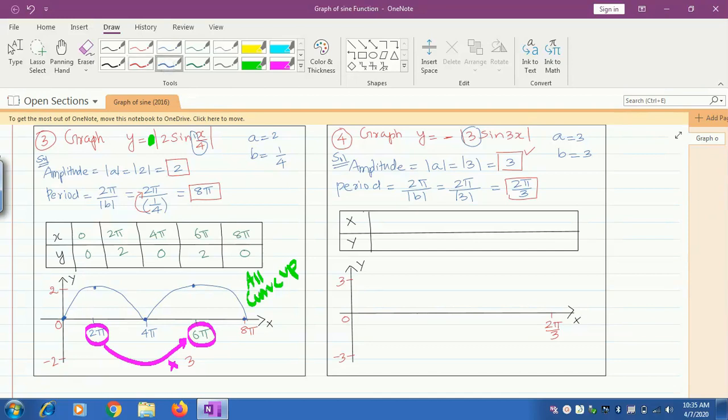Now what is the half of this? If you take half, you will get pi over 3, right? You have to do it like this: 2 pi into half, so the 2 cancels, you get pi over 3. Now I have to multiply pi over 3 by half. So what will we get? Pi over 6, right?